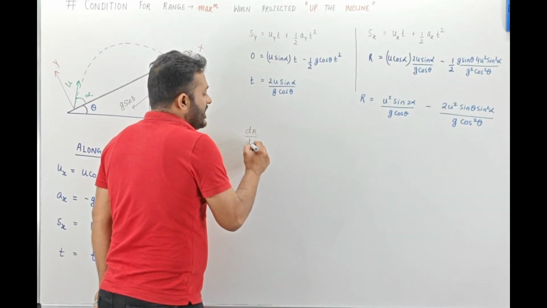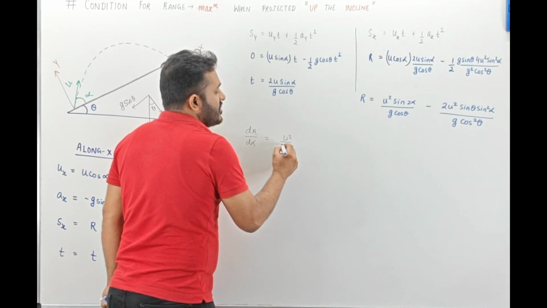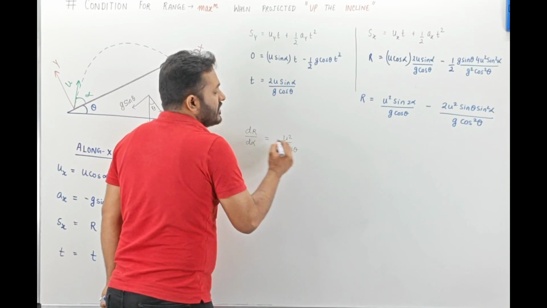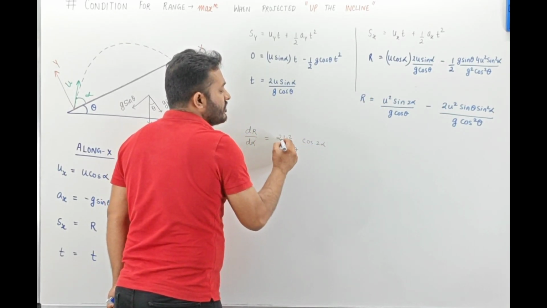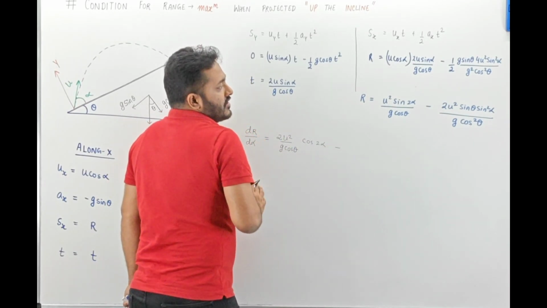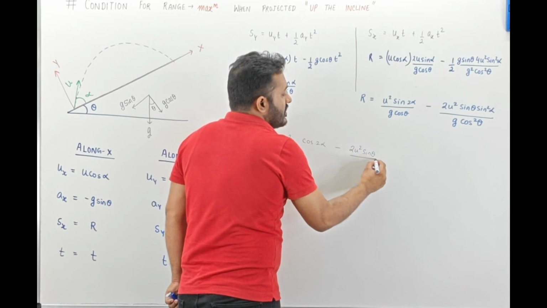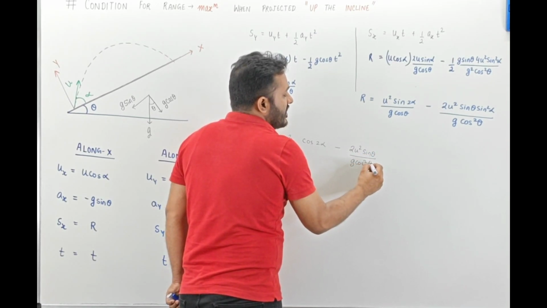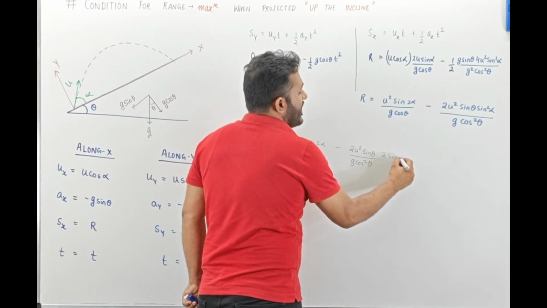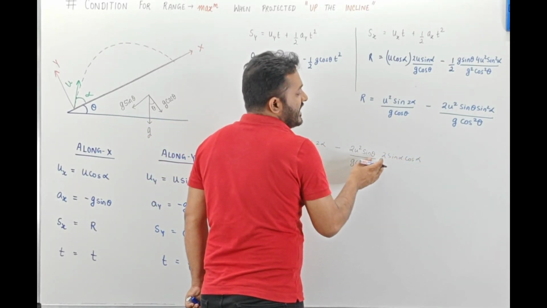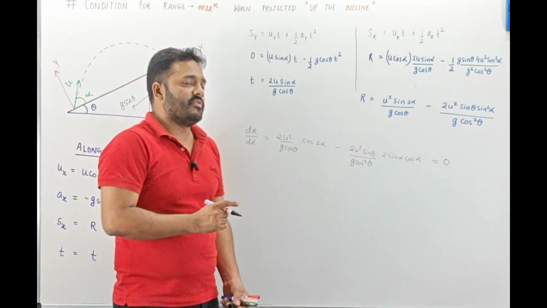Over here we can say u square by g cos theta is constant, and if we differentiate sine 2 alpha, we get cos 2 alpha into 2, minus, over here we get 2u square sine theta by g cos square theta, and then if we differentiate sine square alpha, we get twice of sine alpha cos alpha, which we can collectively write as sine 2 alpha, and this is equal to 0. So we get this expression.